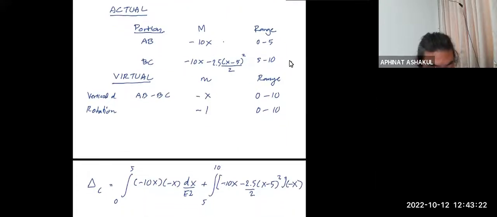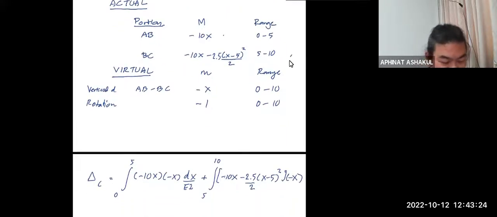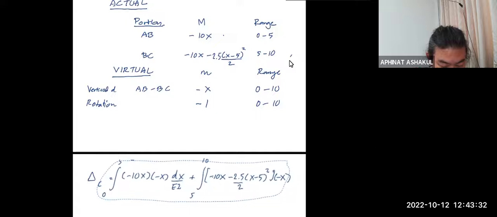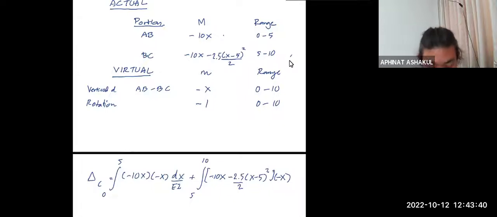Again, I run out of space, so let me move things in a bit. Oh, this 5 got separated. Okay, it's dx over 2EI.